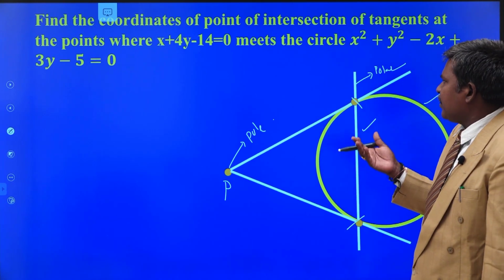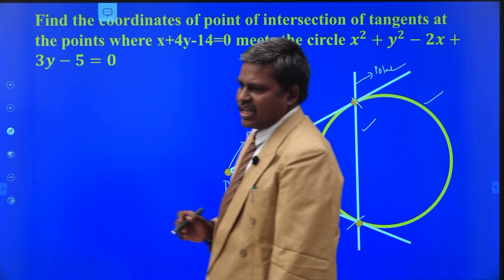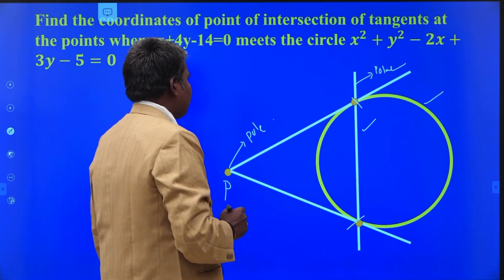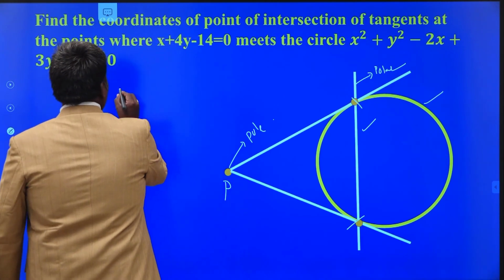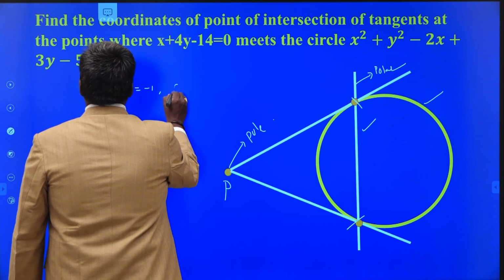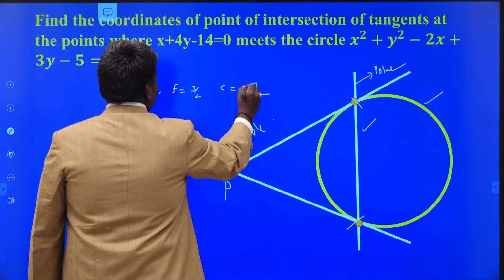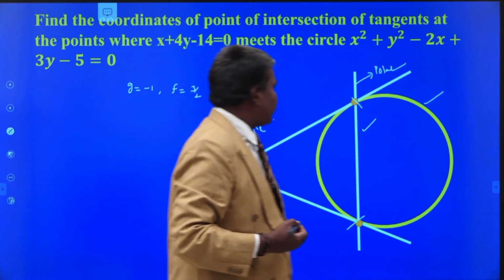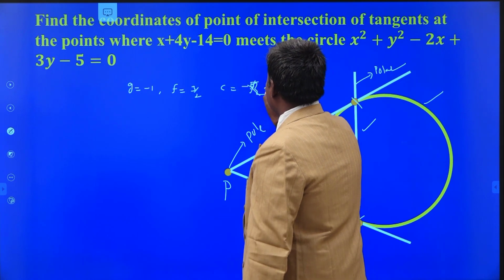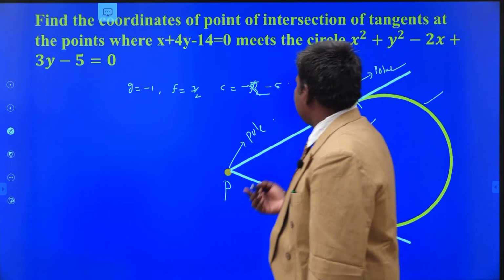As in the previous problem, you can find the pole by using the formula: (-g + r²l/(lg + mf - n), -f + r²m/(lg + mf - n)). What is the value of g here? Minus 1. What is f here? 3 by 2. What is c? Minus 5. Sorry, the constant is no need to take half, it is minus 5. g, f, c are there.